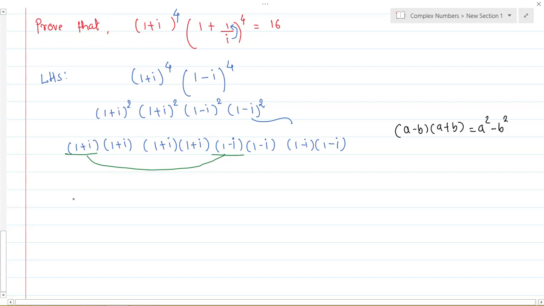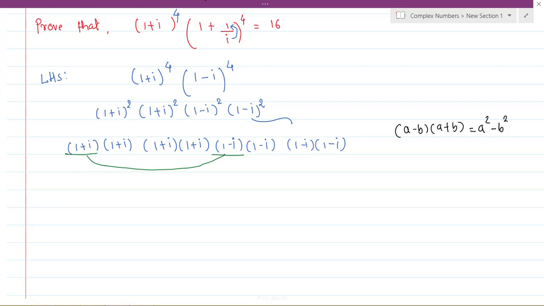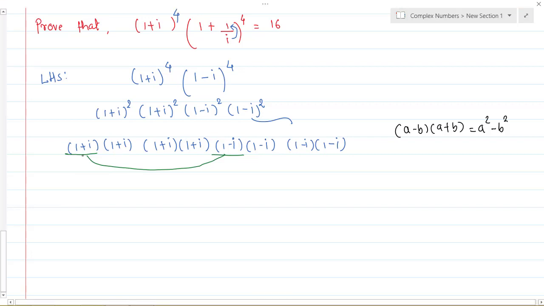Let's have the pairings only. So first pairing is (1 plus i)(1 minus i), the second pairing is (1 plus i)(1 minus i), the third pairing is the same, and the fourth pairing is (1 plus i) and (1 minus i).